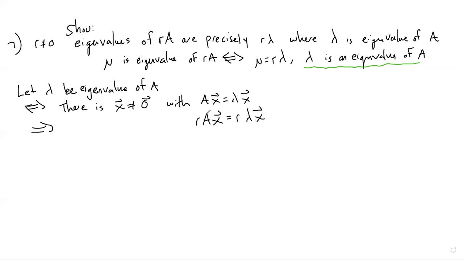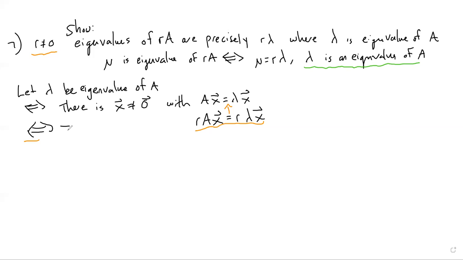Or another way I can think of it is r times Ax. Well, I know that Ax is lambda x, so r times lambda x. But really, it's just taking that other equation and multiplying by r. But because we specified that r is non-zero, that means that I can reverse the equation as well. I can go from this equation up by dividing by r. I can do that because I've established that it is non-zero. So without that non-zero part, I wouldn't actually be able to make that conclusion. But fortunately, we do have that.